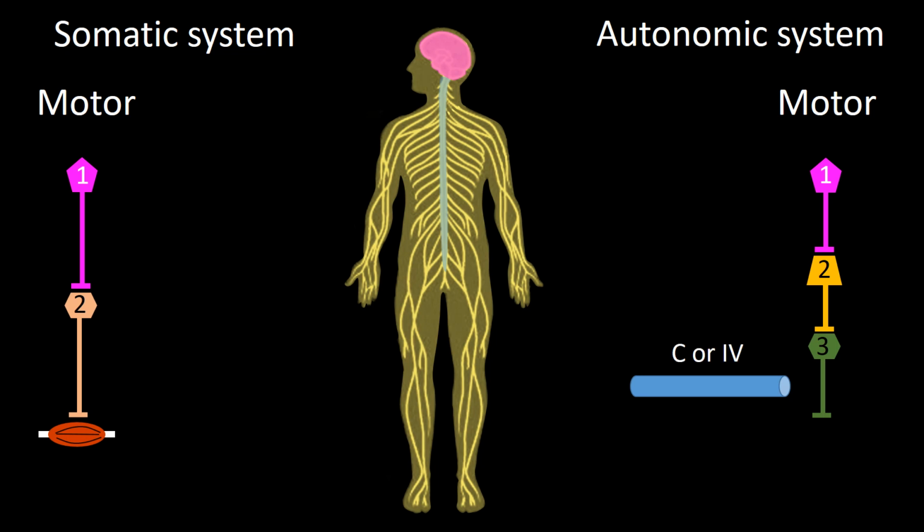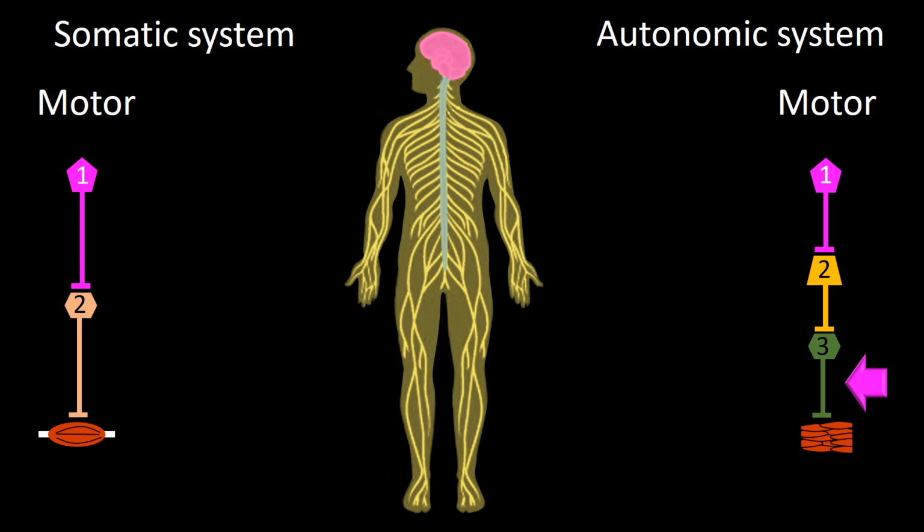They are labeled C or Roman number 4 fibers. They have a diameter of 0.2 to 1.5 microns and conduct at a speed of 0.5 to 2.5 meters per second. These axons and the preganglionic axons constitute nerves going to internal organs.